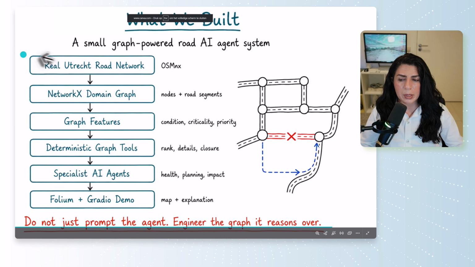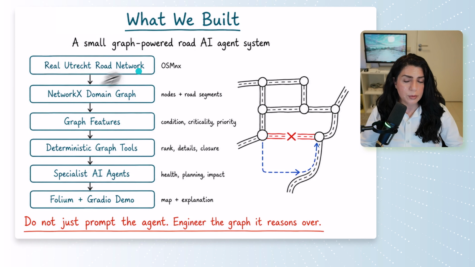So what we have built: we had a real road network. We had a NetworkX domain graph, nodes and edges. We created some graph features, conditions, criticality, priority, etc. Then we built some deterministic graph tools: rank, details, closure. Then we built some specialist AI agents for health, planning, and impact.